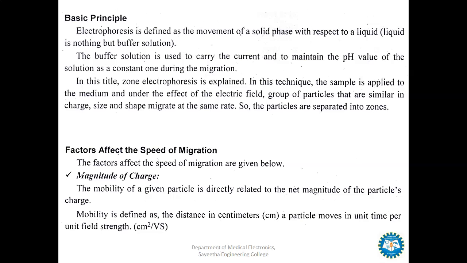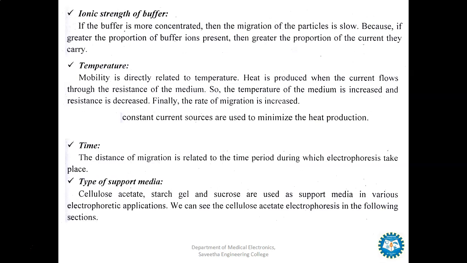Mobility is defined as the distance in centimeters a particle moves per unit field strength. The second is the ionic strength of the buffer. If the buffer is highly concentrated, the migration will be very slow. The greater the proportion of buffer ions present, the greater the proportion of current they carry.